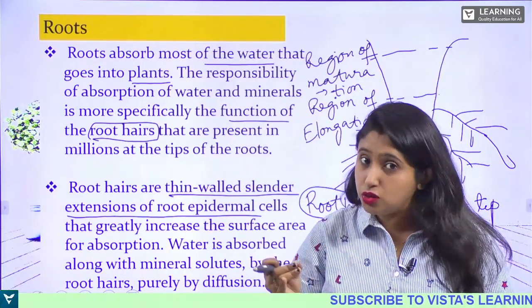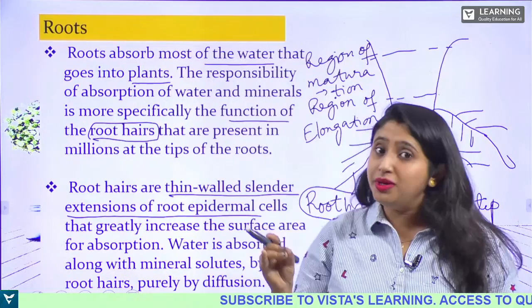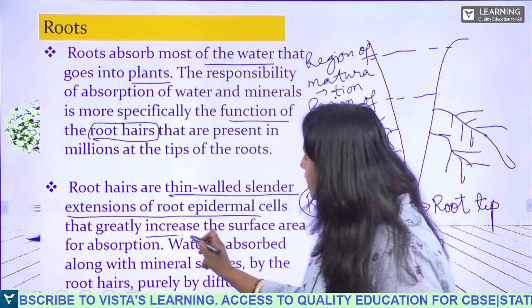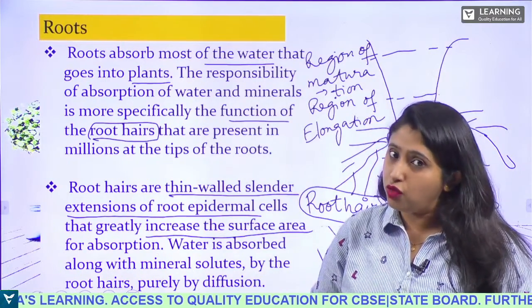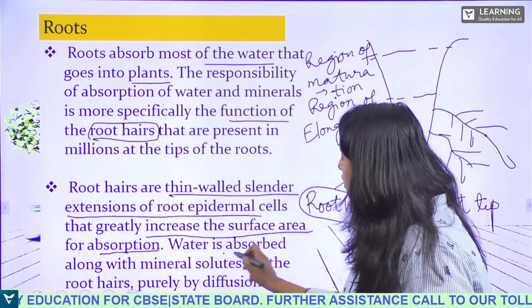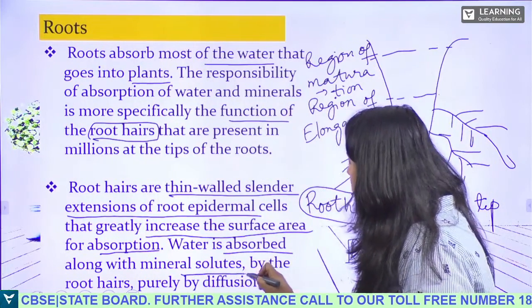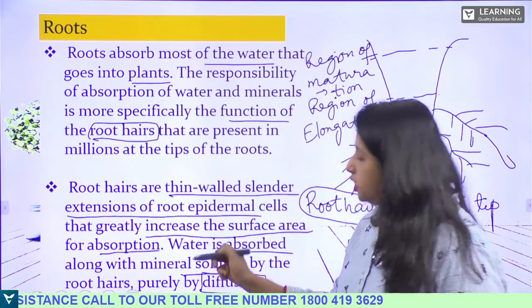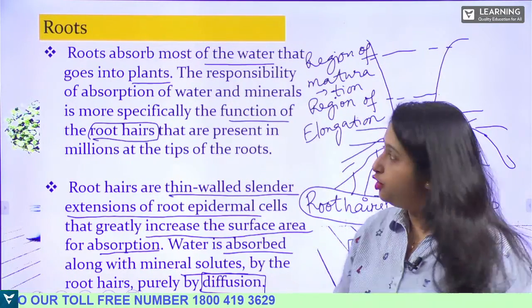That is, roots also have epidermal cells. Is that clear? That greatly increases the surface area, which I have already said. Root hairs increase the surface area for absorption, and water is absorbed along with mineral solutes by root hairs purely by diffusion.